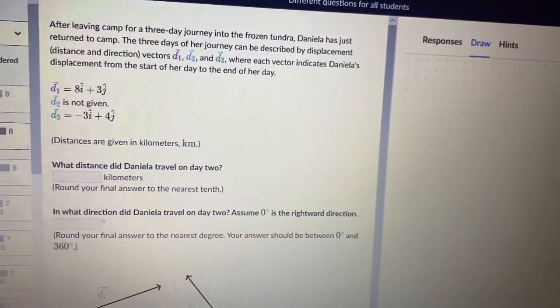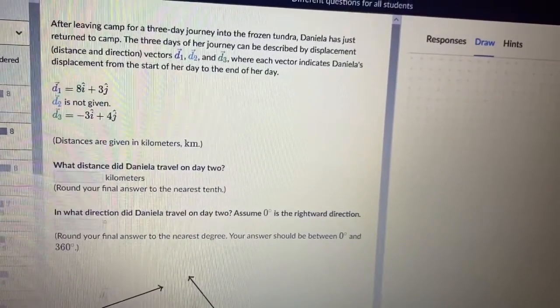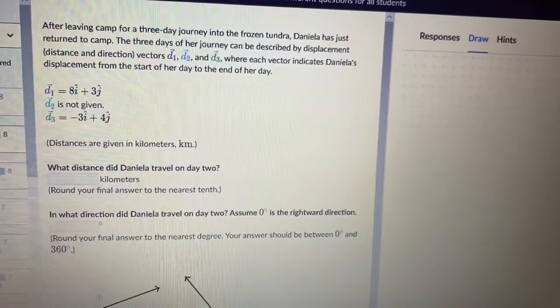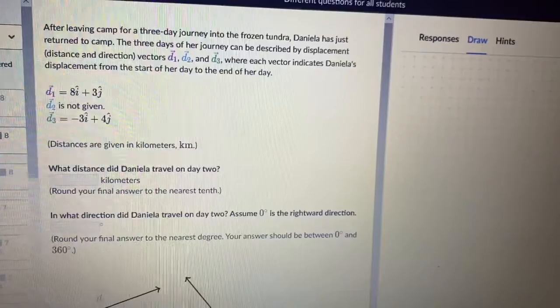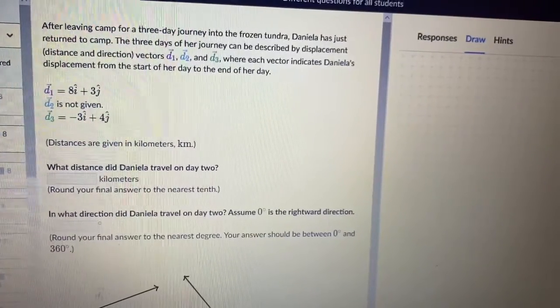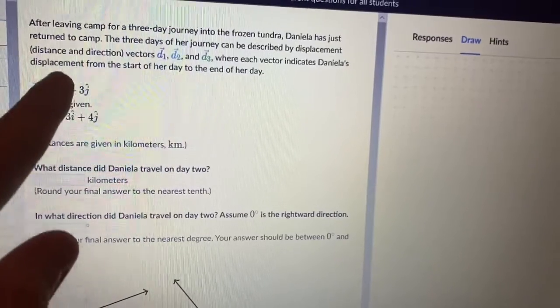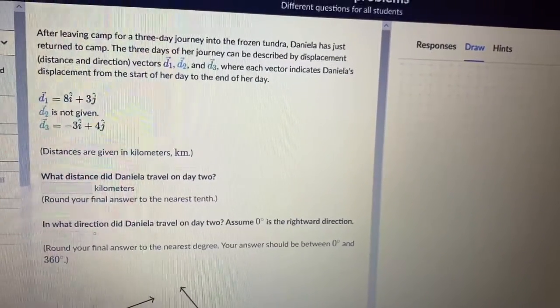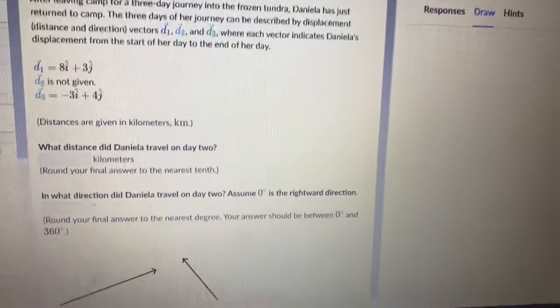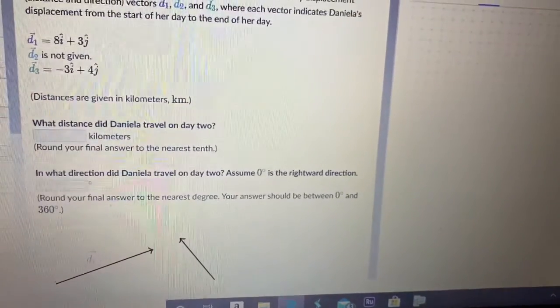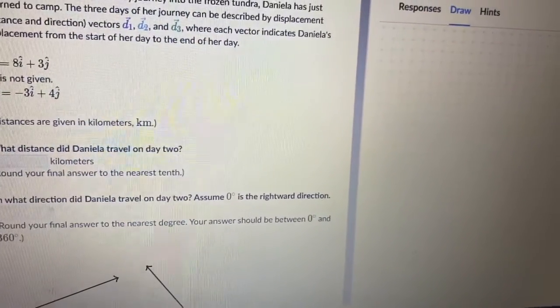This one we got a 3-day journey. We got D1, don't know D2, we got D3, but we know that she returns to camp. So basically undoing this one would give me those two. So you could move these around.